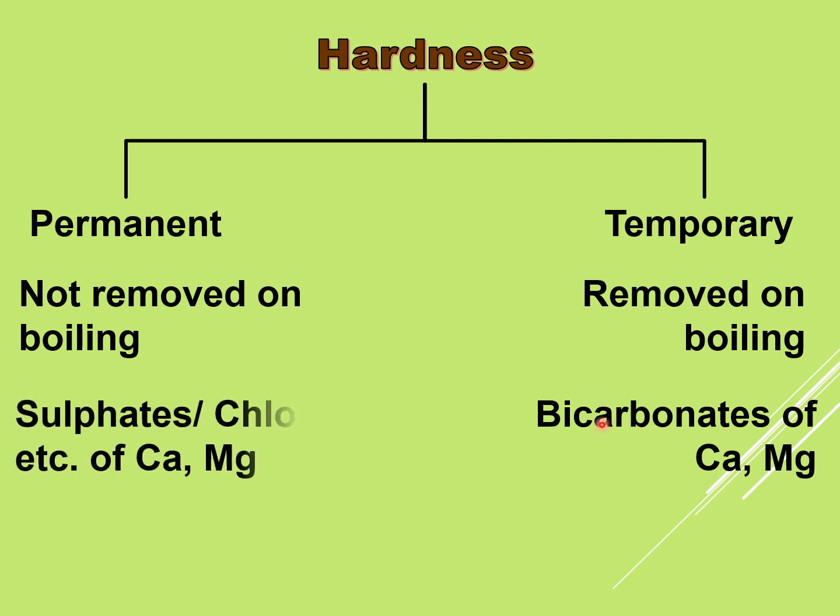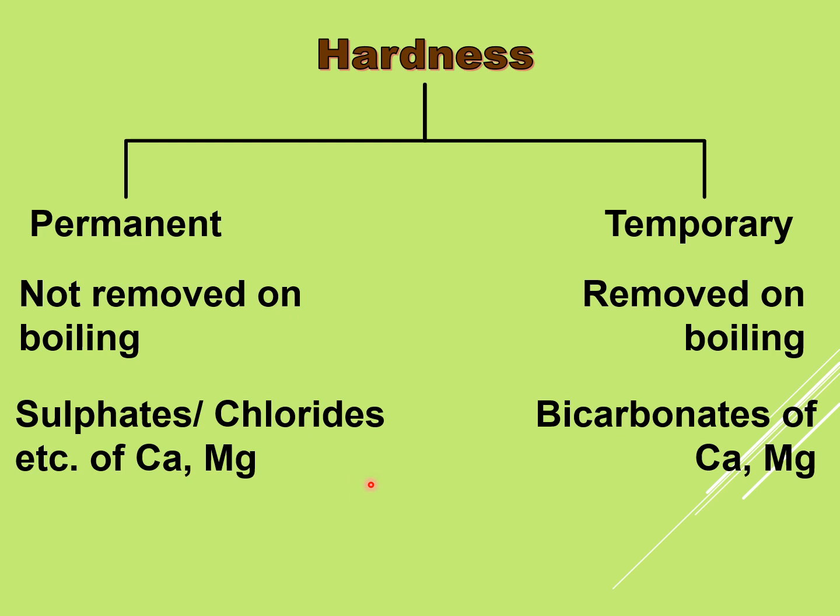So if bicarbonate anion is present, that will cause temporary hardness, whereas other anions, sulfates, chlorides, etc., will cause permanent hardness. So bicarbonate anion causes temporary hardness. Sulfates, chlorides or other anions cause permanent hardness.